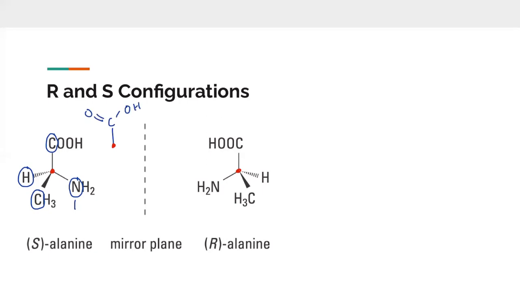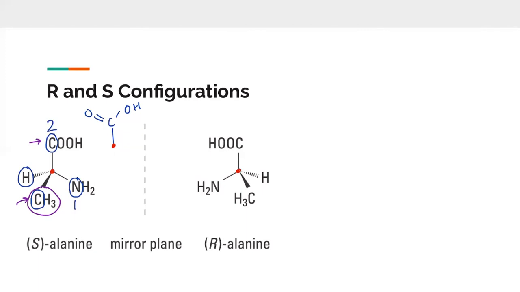Now if we progress further to break the tiebreaker between this carbon and this carbon, we're going to see that this carbon is connected to 2 oxygen atoms. In fact, it actually has 3 bonds to oxygen atoms due to the double bond. Whereas this carbon atom below is only connected to 3 hydrogens. Because oxygen has a higher atomic mass than hydrogen, we assign this carbon atom a priority of 2.